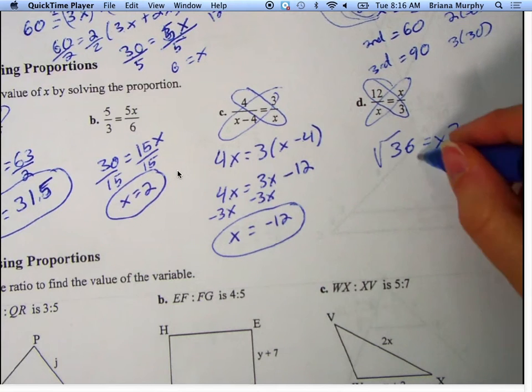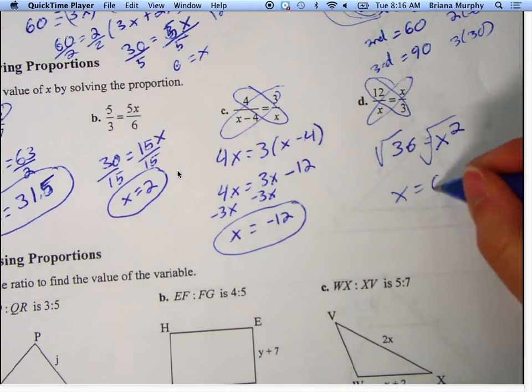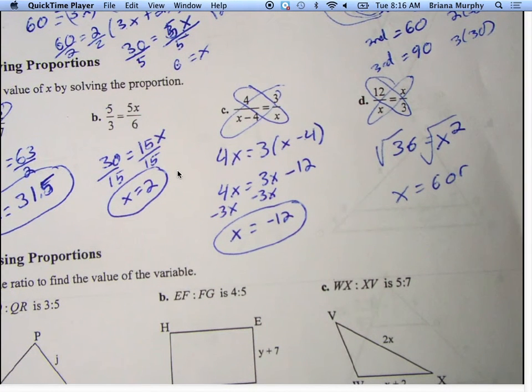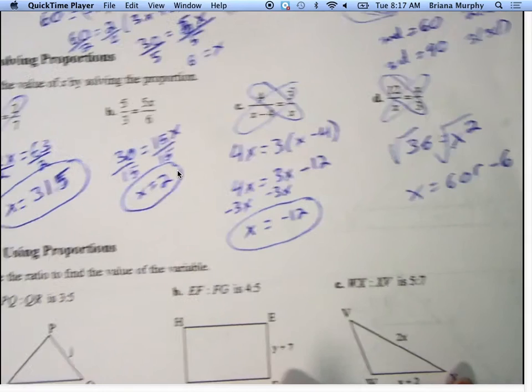So what is x going to equal? 6, or -6, because -6 times -6 is also 36, right? Okay. Pretty easy? All right, let's do the last ones and we'll be done.